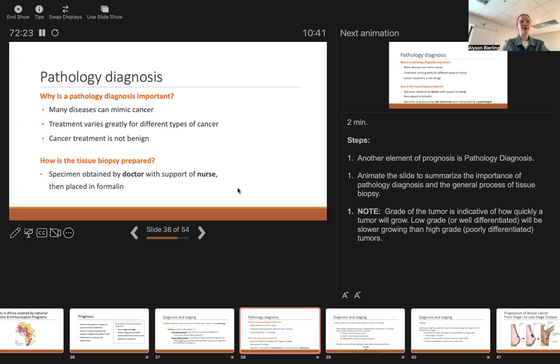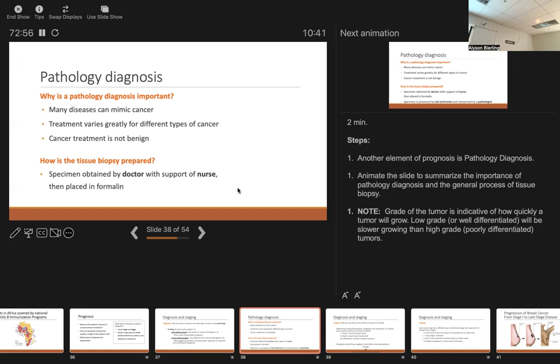Depending on the type of cancer, the biopsy might be taken in different ways. With solid tumors, the biopsy will be taken from the mass or the tumor where the cancer is suspected. If it's suspected that a patient has a liquid cancer like a leukemia, usually there will be a biopsy taken from the bone marrow.